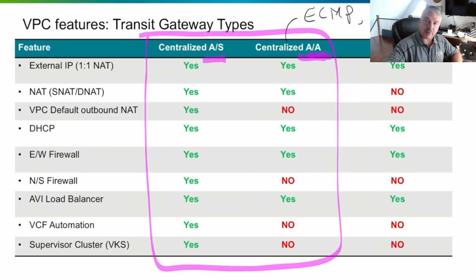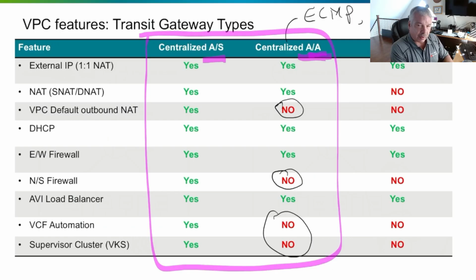I talk about all that in my routing videos in NSX. Now with active, very similar to the distributed, we can't support a lot of features. No default outbound NAT. There's no north-south firewall capabilities. And again, the cloud services, VCF automation and the supervisor cluster, are not supported.